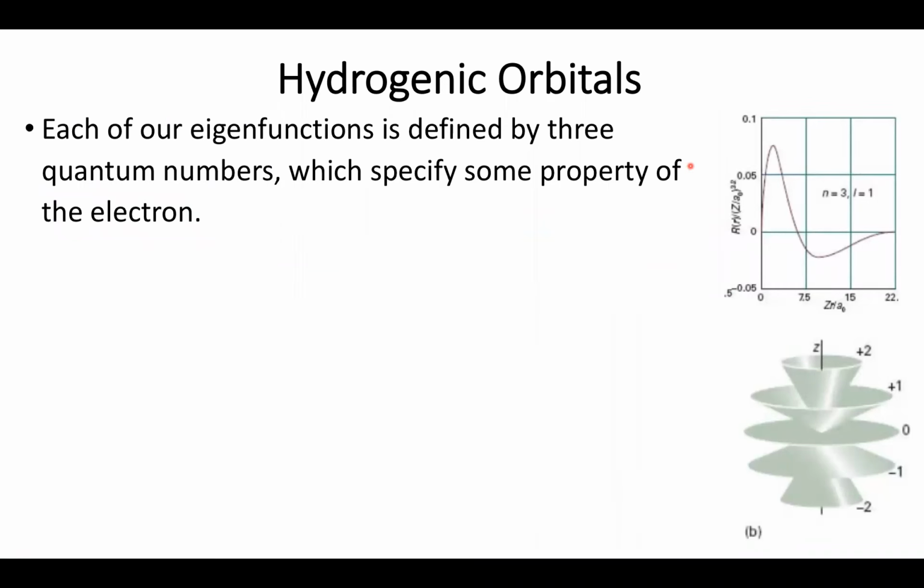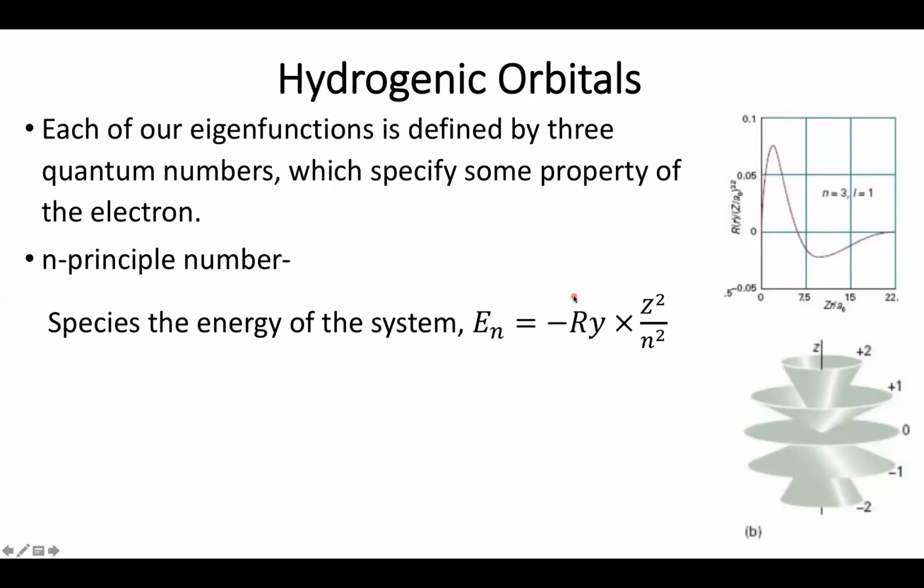So we can define completely our set of orbitals, or our eigenfunction for our Hamiltonian, with three key quantum numbers. And each one of these is going to help convey some very important property of how the electron moves around the nuclei. So the first of which is n.